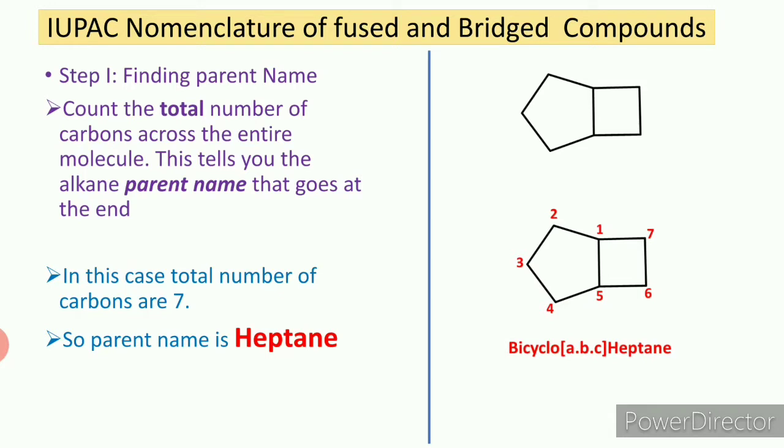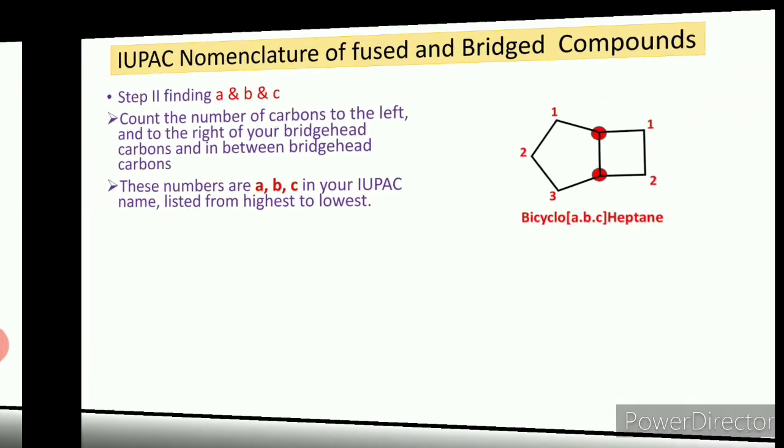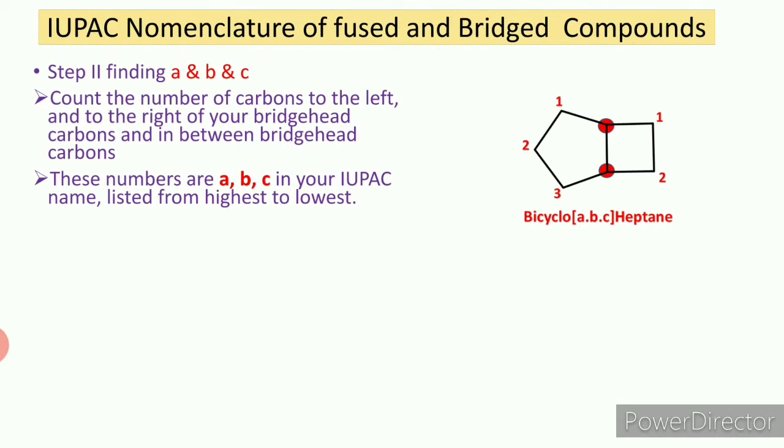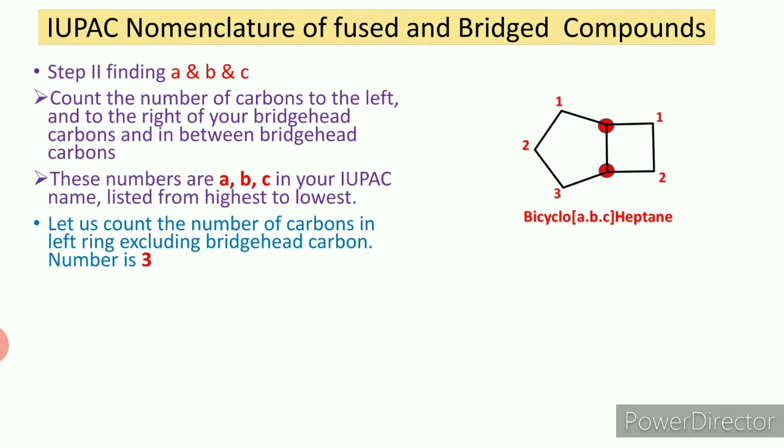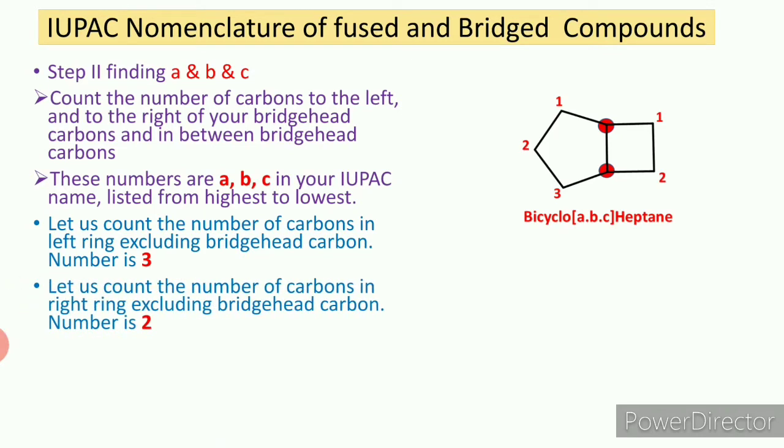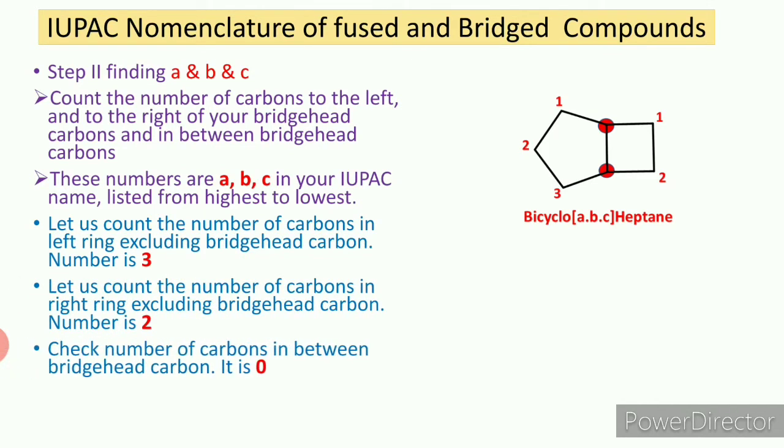Next step is finding A, B, C. So let us again take the same example. I have marked the bridgehead carbons with a red circle. You can see there are 3 carbons to the left of the bridgehead carbons, 2 carbons to the right, and there is no carbon between the two bridgehead carbons.